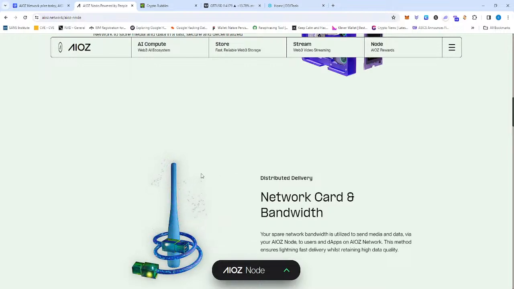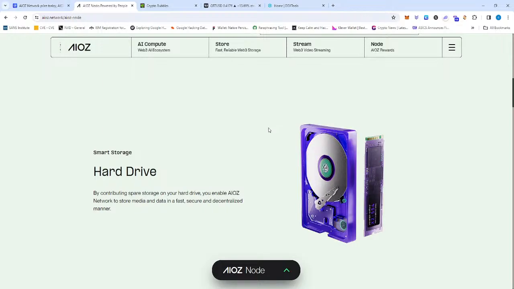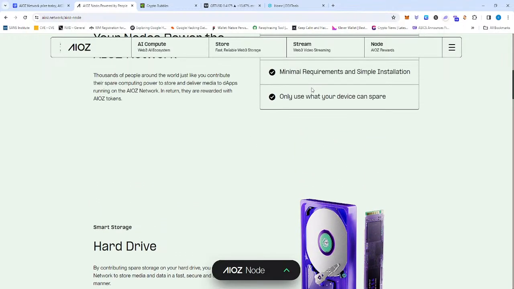I mine Litecoin, I mine XRP, I mine Solana, and then I run a node for AIOZ. That's another way that you could earn passive income. You just turn it on and let it run 24/7, and my light bill is not terribly expensive because it's a Windows PC that I built into a mining machine.